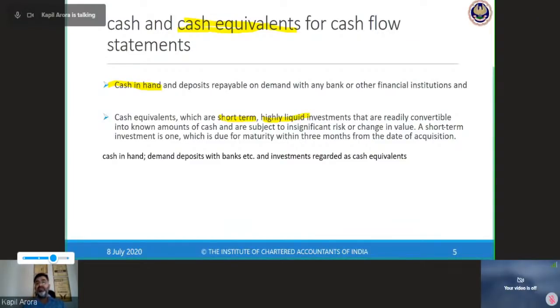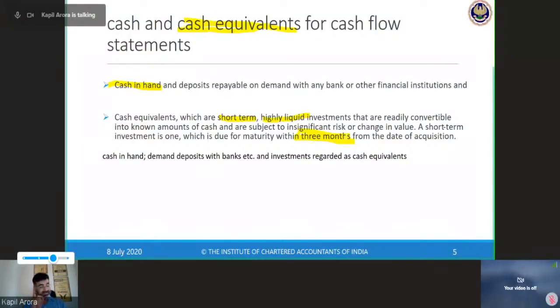So I have deposited that amount for some time. And that sometime could be something which is going to get realized within 3 months from the date of acquisition.